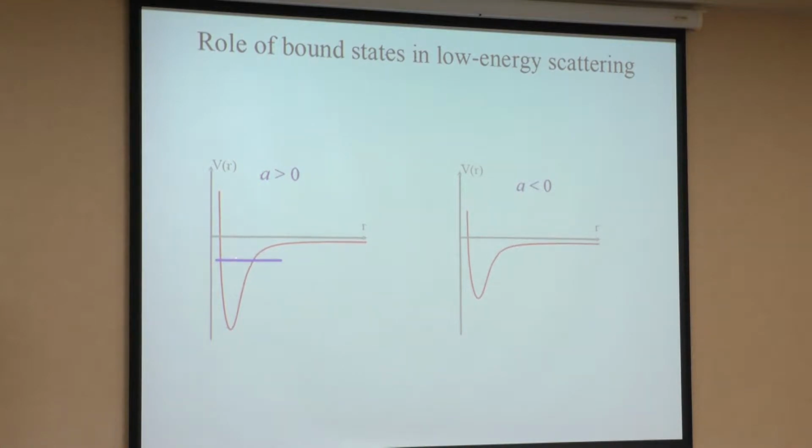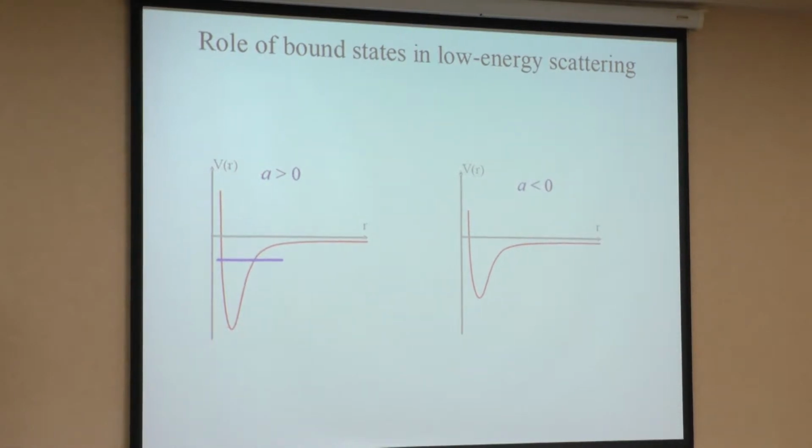If there is a bound state in this interatomic potential, the scattering length should be positive. Now let's make this potential a little bit shallower, like in this picture. You know that in 3 dimensions, in a too shallow potential, there is no bound state. If there is no bound state, the scattering length is necessarily negative.